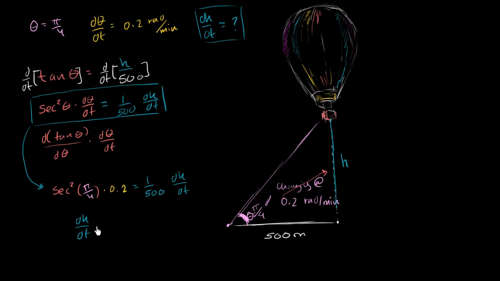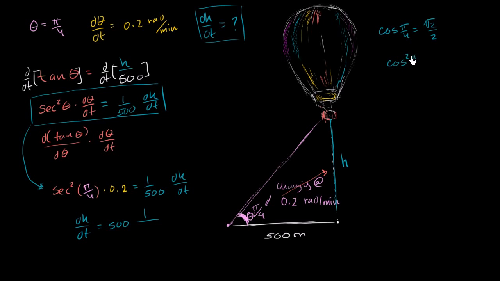and you get the rate at which our height is changing is equal to 500 times, let's see, secant squared of pi over 4. That is 1 over cosine squared of pi over 4. Cosine of pi over 4 is square root of 2 over 2.